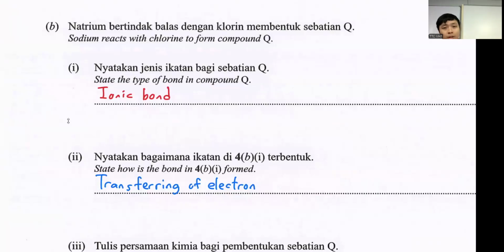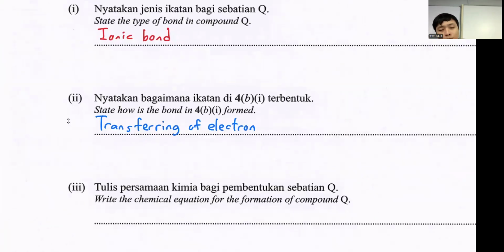Transferring is the whole general thing. Under transferring, it means metal donates electron, non-metal receives electron.